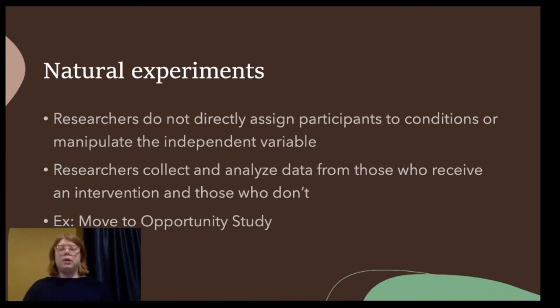However, it's impossible for us to simply say, we're going to take 1,000 children and we're going to assign half of them to live in concentrated poverty, and we're going to assign half of them to live in a nice house in the suburbs. We can't do that, and even if we could, it would be horrible.